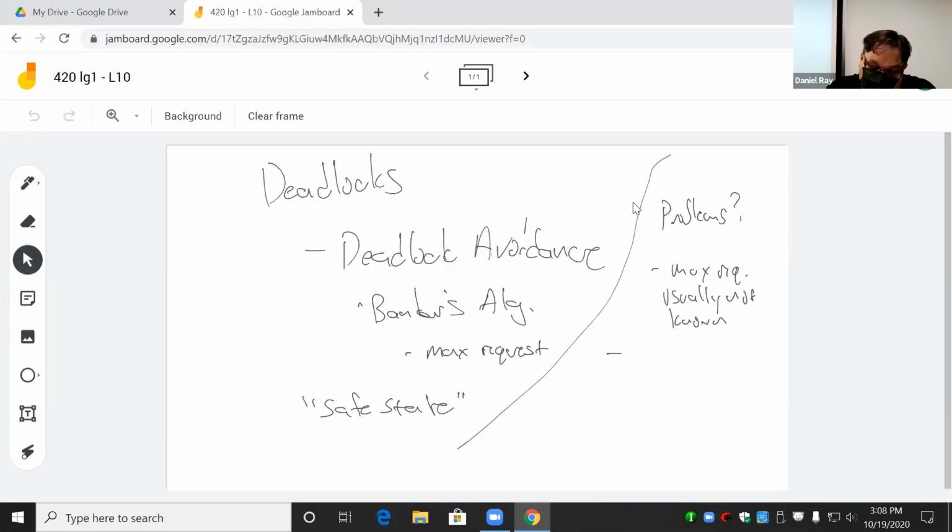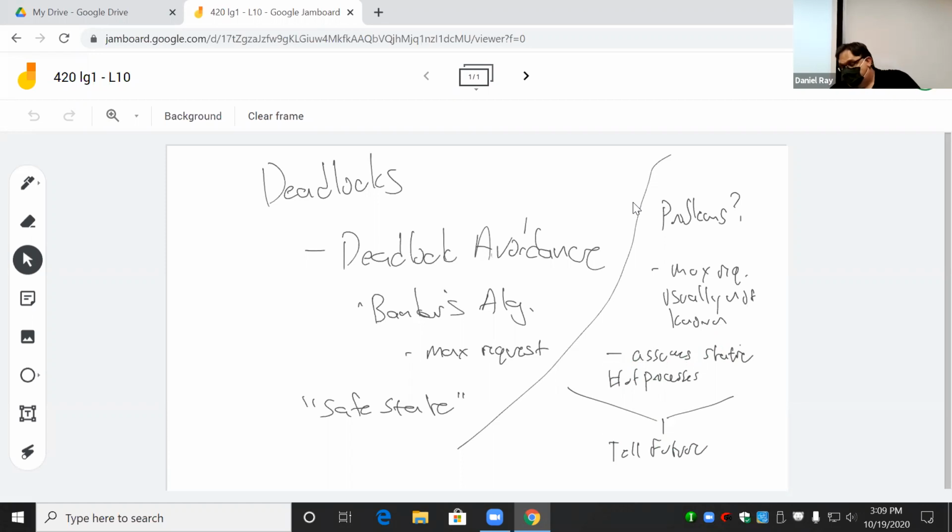Additionally, the banker's algorithm and deadlock avoidance in general assumes that you've got a static number, or at least a predictable number and type and rate of arrival for processes. Okay, so a static number of processes, and that's just not true. And so basically what it boils down to is that you kind of have to be able to tell the future, and it's just not a reasonable thing to do.